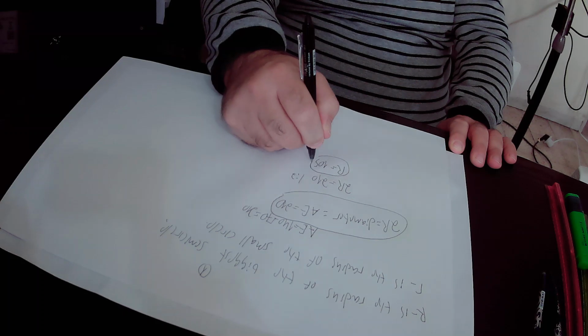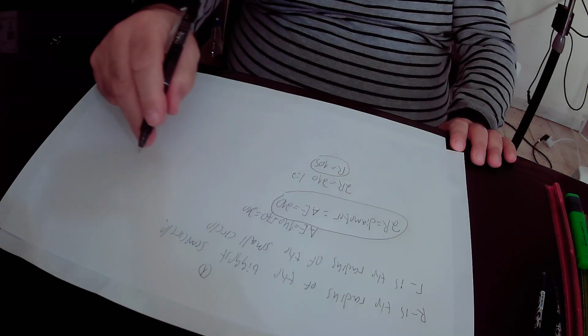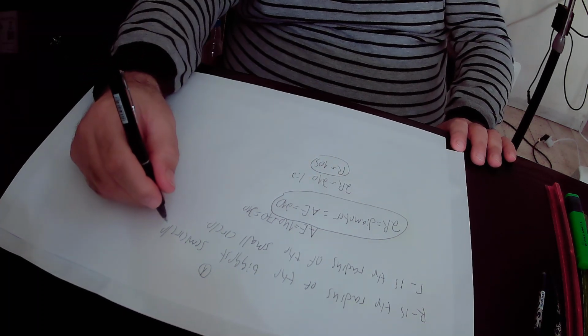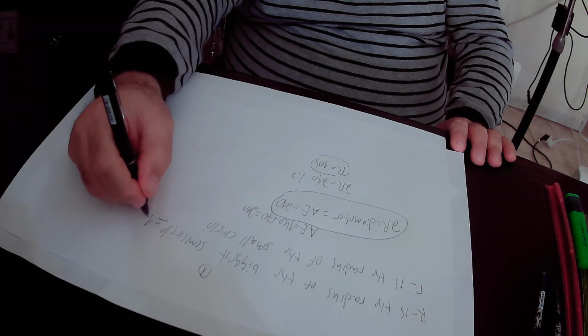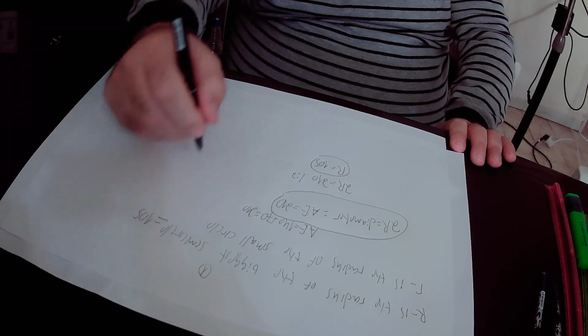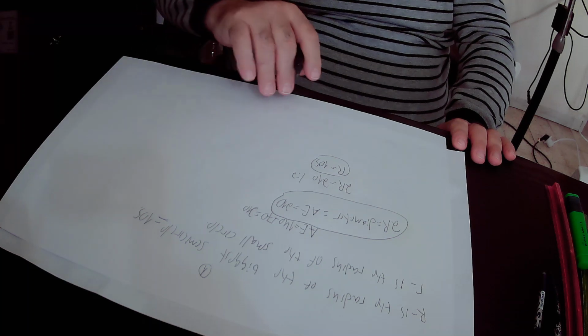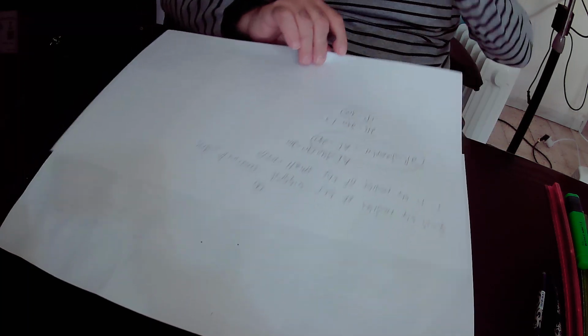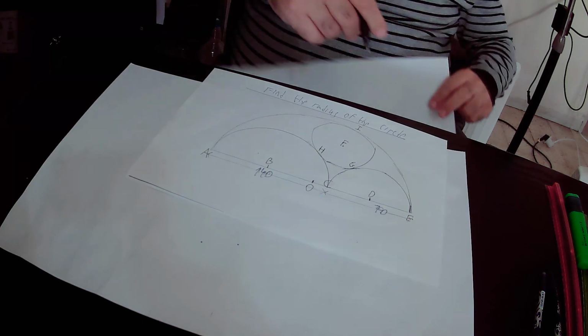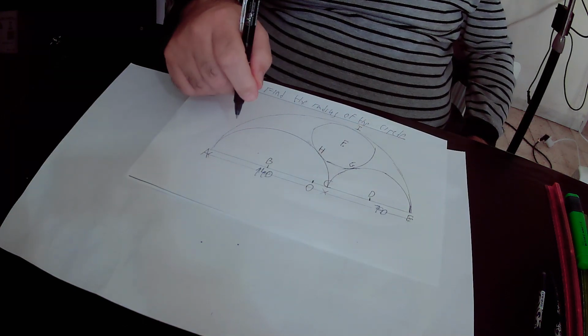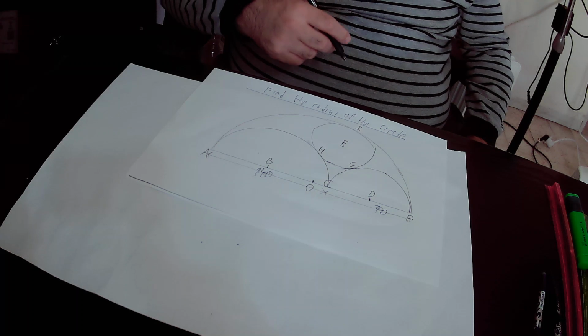So we found out that the radius of the biggest semicircle equals 105 units in its length.